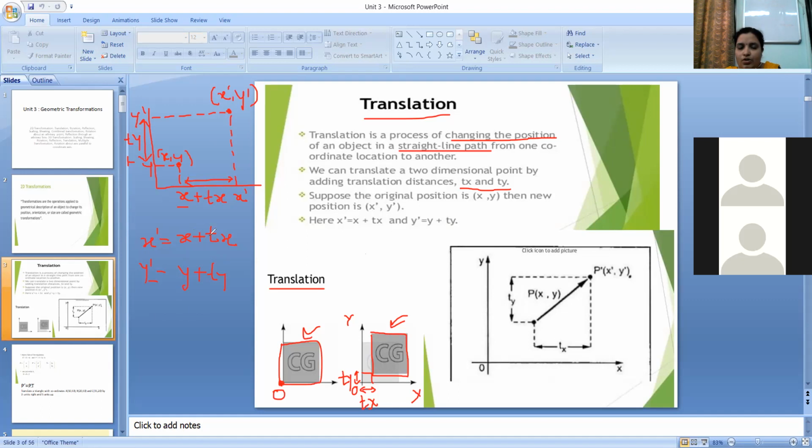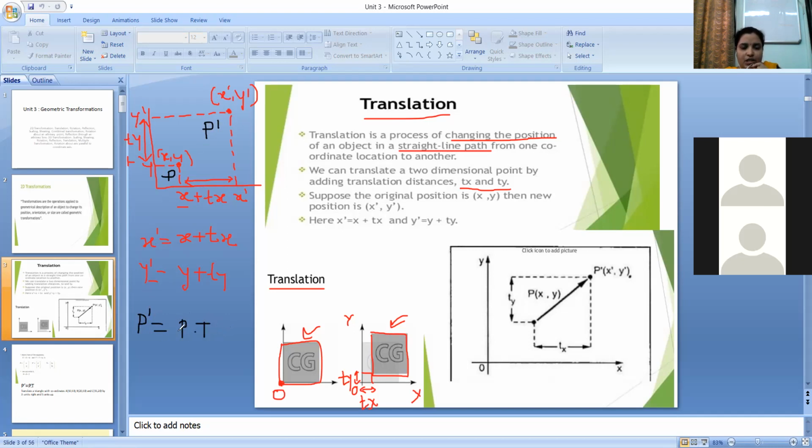So how should I write the new matrix of point P dash? So this is your point P dash, let us assume, and this is the original point P. What I want to do is represent P dash as the matrix multiplication of P with some T matrix. T is nothing but your translation matrix.